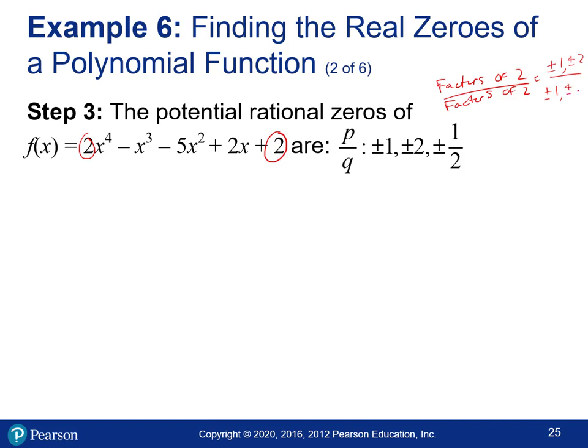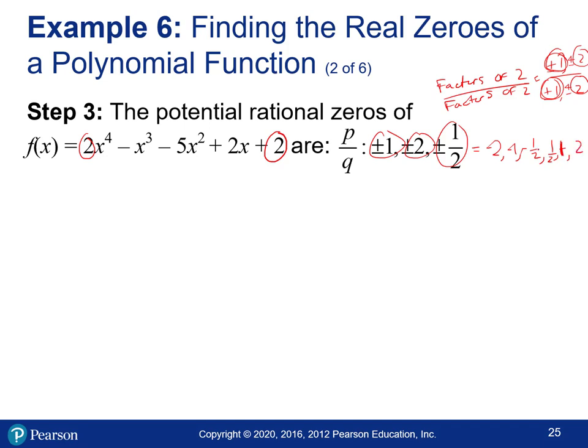And then you break those apart, remember? So you say 1 over 1, you say 1 over 2, and then 2 over 1, and 2 over 2, which is already on the list. So if you expand this list, this is negative 2, negative 1, negative a half, 1 half, let's put it in order, 1 and 2.